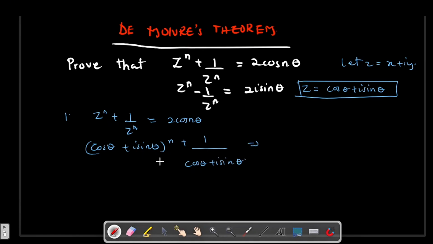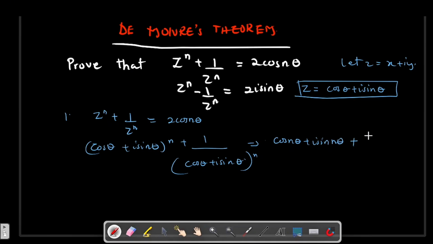Realize that at this point, we can apply Moivre's theorem, which says that you simply have to multiply your power by your angle and you are done. So this gives me cos n theta plus i sine n theta, right?